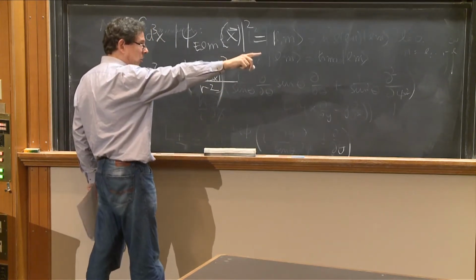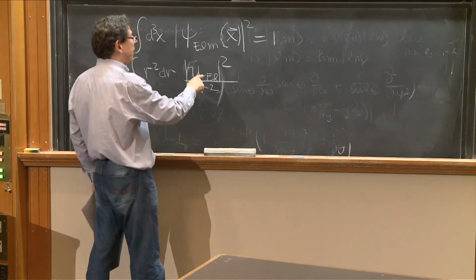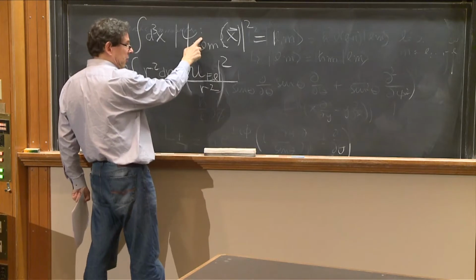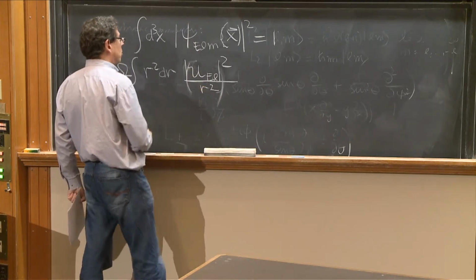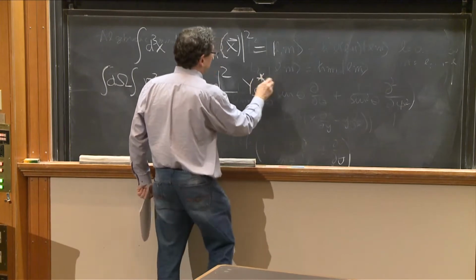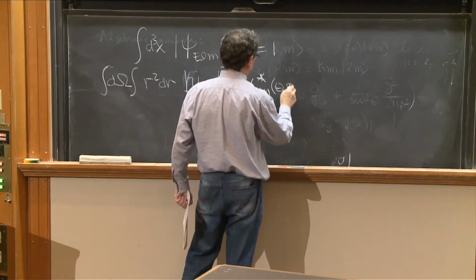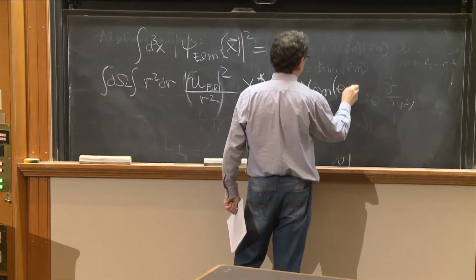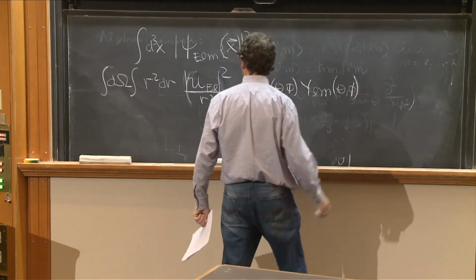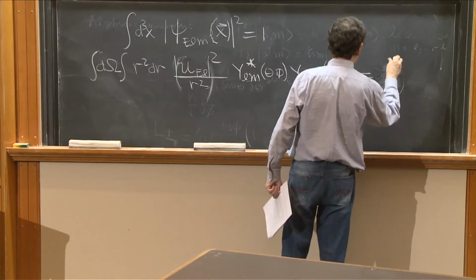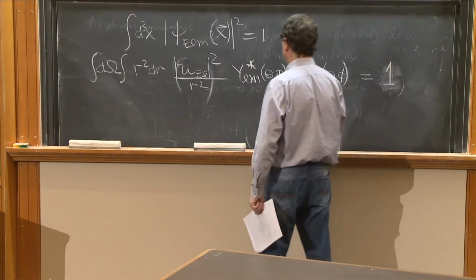Look at the rightmost blackboard, u_l of r. I must square it, because the wave function is squared, over r squared. And then I have Y_lm star of theta phi, Y_lm of theta phi. And if this is supposed to be normalized, this is supposed to be the number 1.